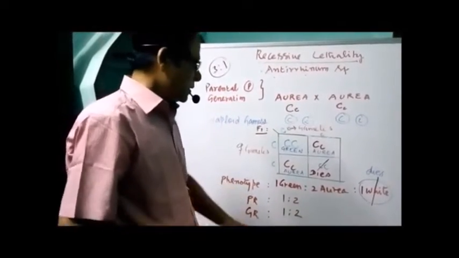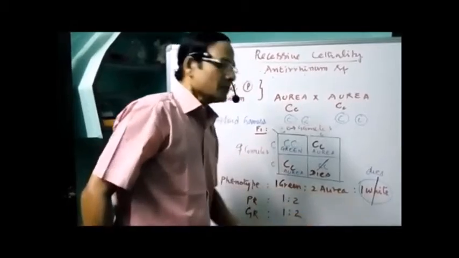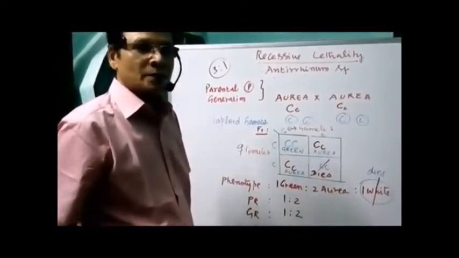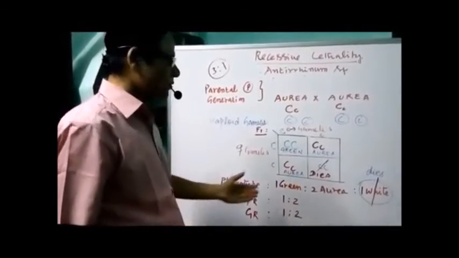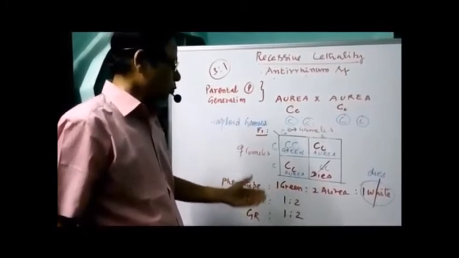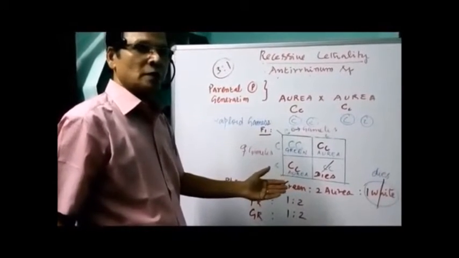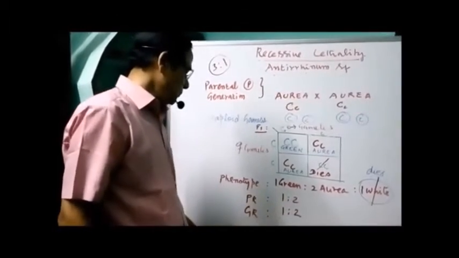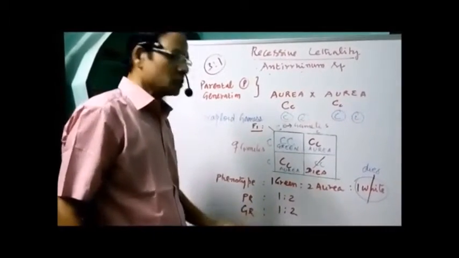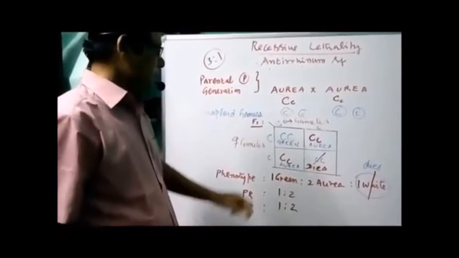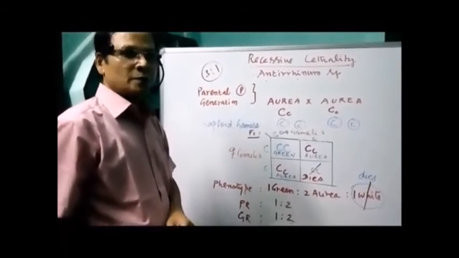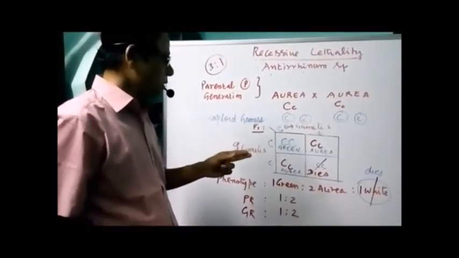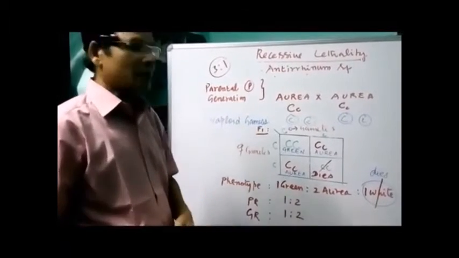As it is without chlorophyll, the white plant dies. Now we have the modified phenotypic ratio 1:2. One green and two aurea survived. So the phenotypic ratio is 1:2, and so also the genotypic ratio: one capital C homozygous and two aurea in heterozygous condition.